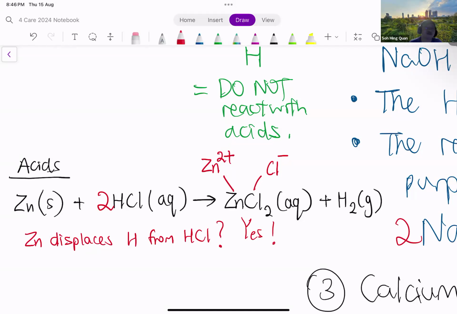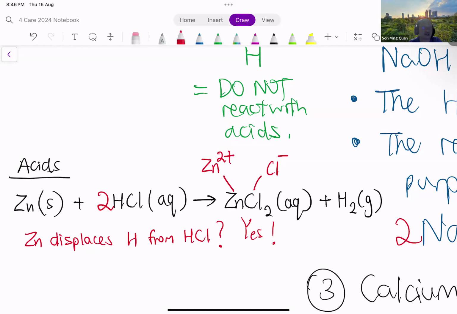Okay, so acid plus metal is in some sense a displacement reaction. And this works because zinc is higher or above hydrogen in the reactivity series. All right, and that makes sense. Because zinc is above hydrogen, that's why it can displace hydrogen. On the other hand, copper is below hydrogen.